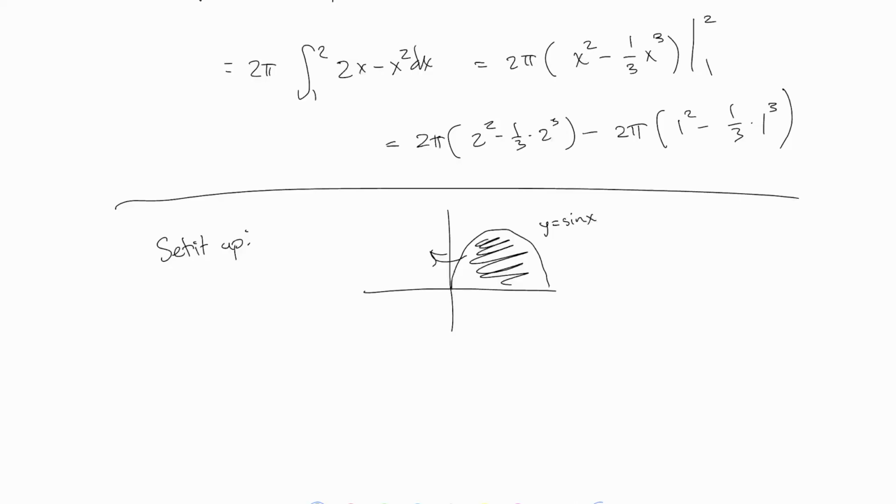Can anyone describe what this shape looks like? It's not only round like this, because I'm rotating around this line. The other half of it is over here.